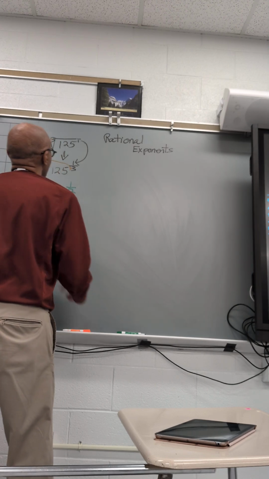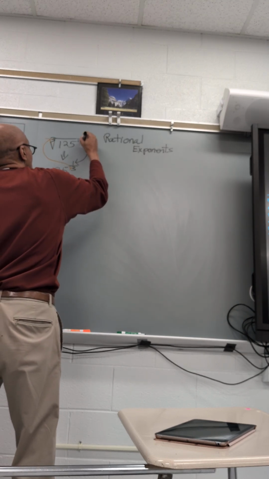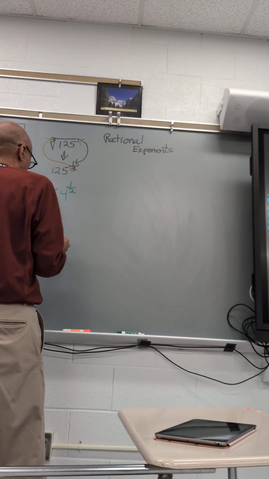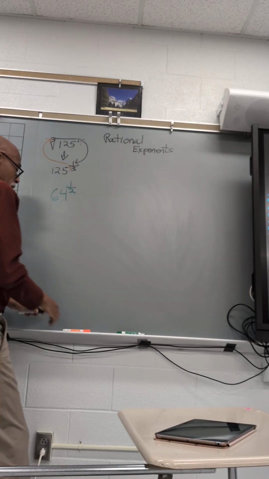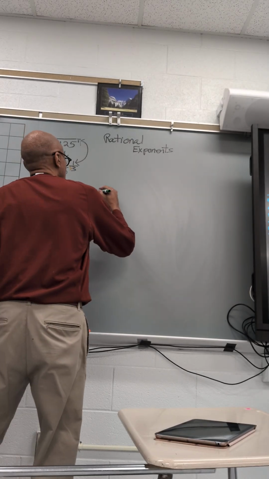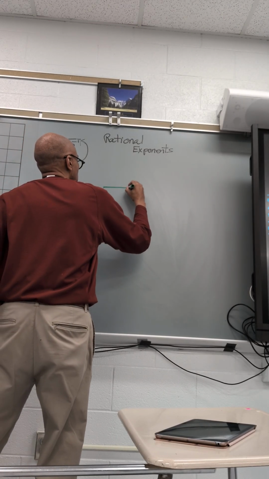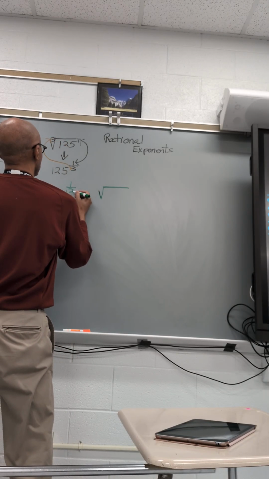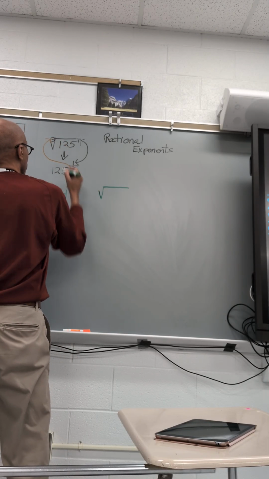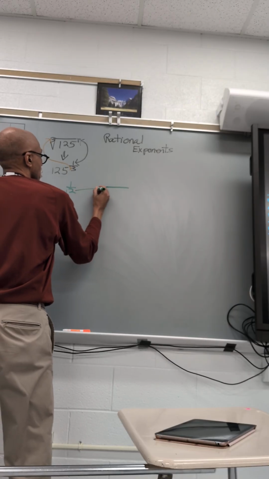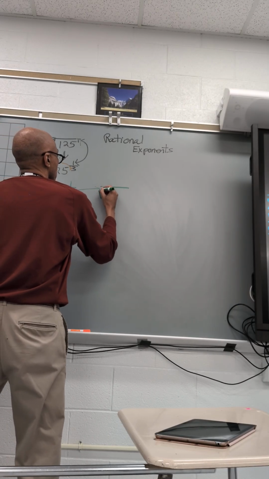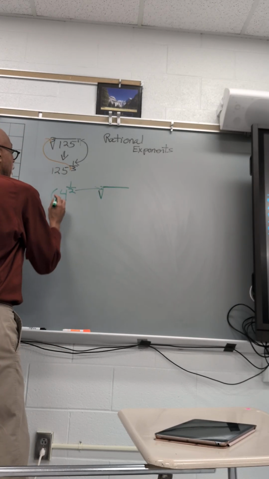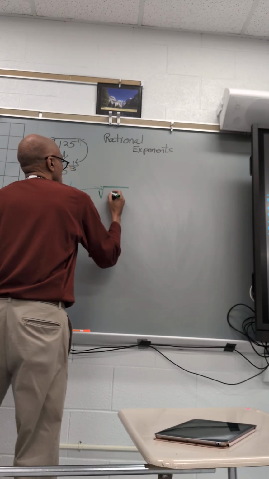I take my rational exponent and make that into a radical expression. The denominator goes here, the 2, and we know the number goes in here.